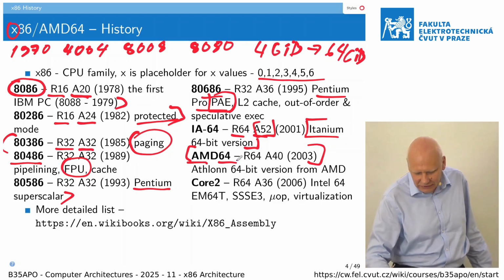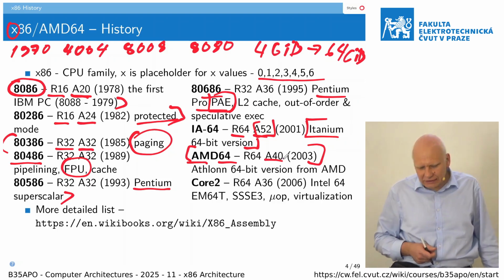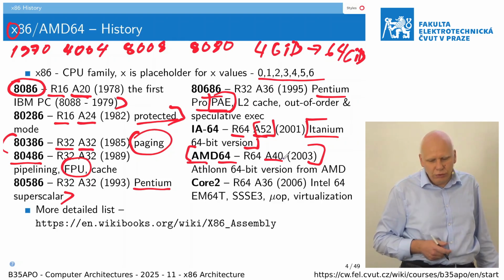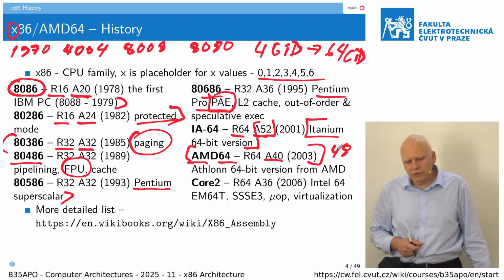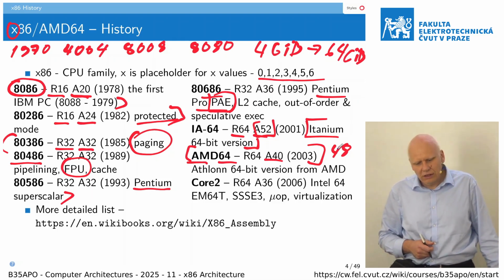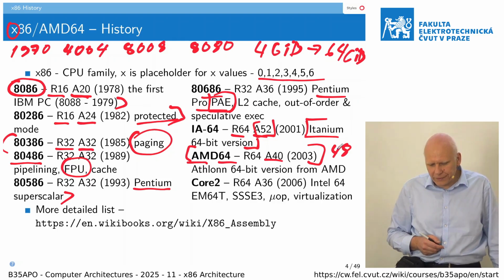So it is quite interesting. And it has 40-bit physical address capabilities. Today, most of the x86-based systems have 48 bits of virtual address, and for physical address, usually something like 44 and so on.